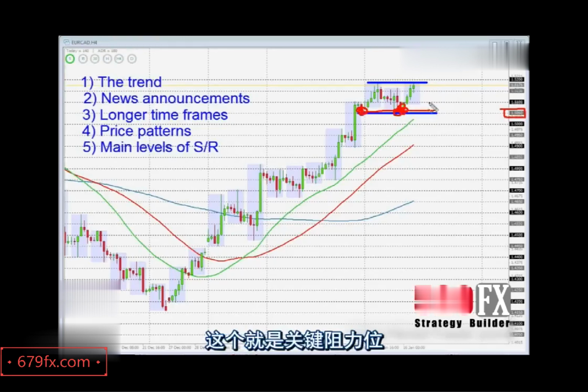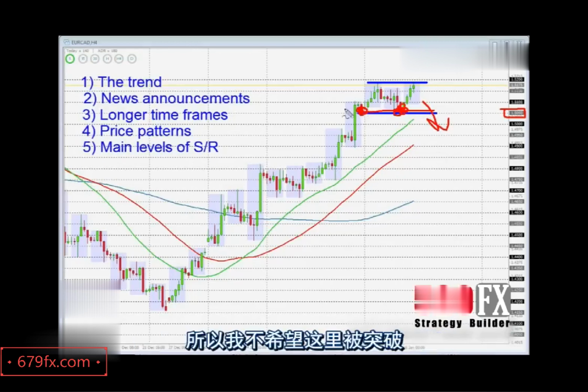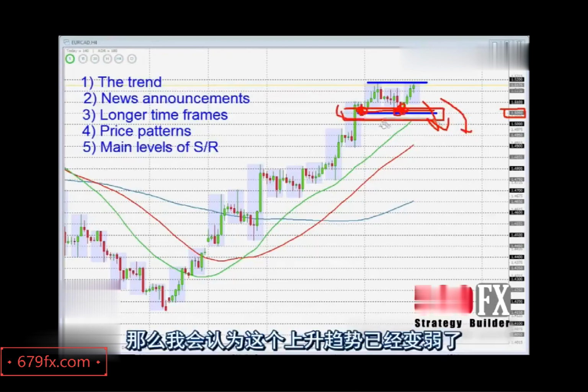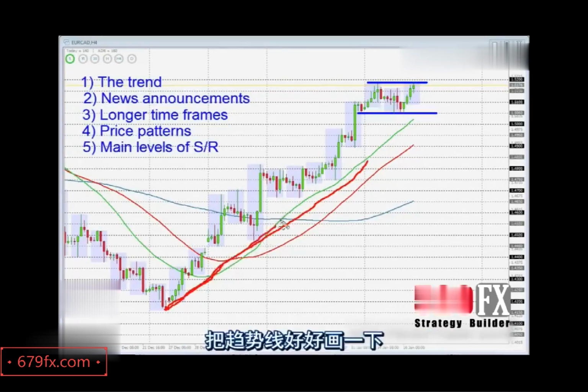If this level breaks to the downside, probably this uptrend will be compromised. I don't want this level to give way in this uptrend. If I see that price is breaking to the downside, violating this support level, I will consider that, for the time being, this uptrend might be weakening. Moreover, we have a clear uptrend. Actually, let me draw that properly.